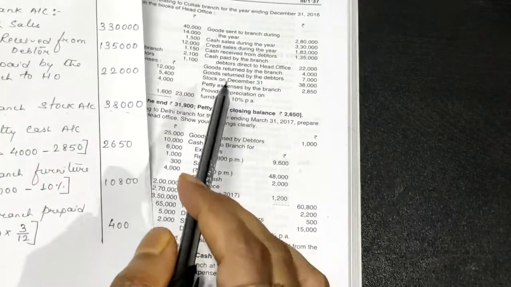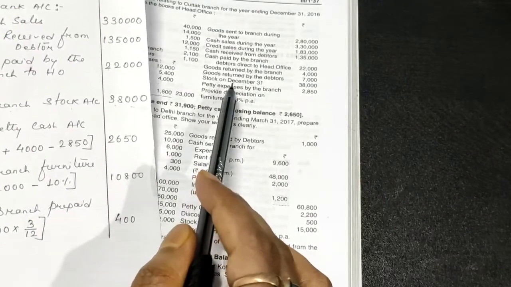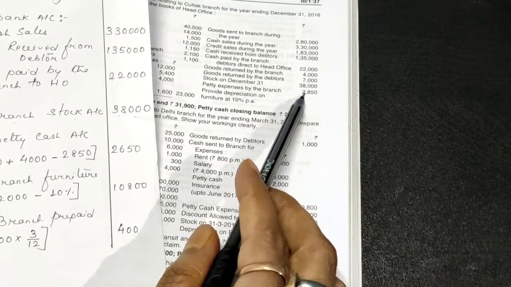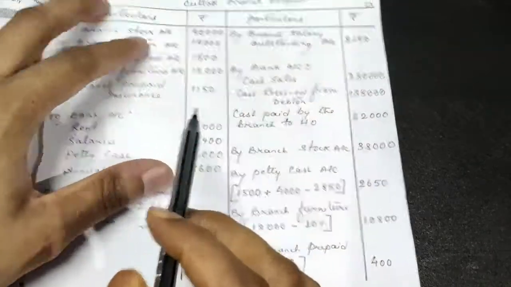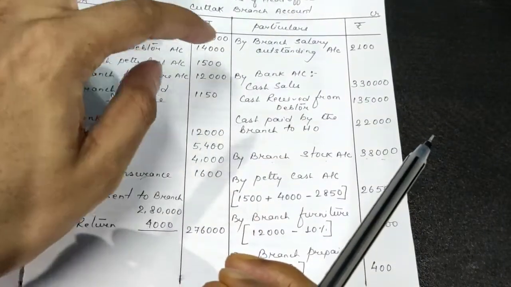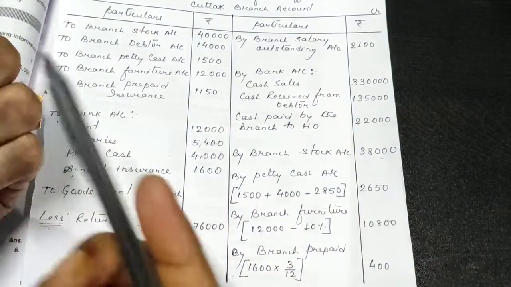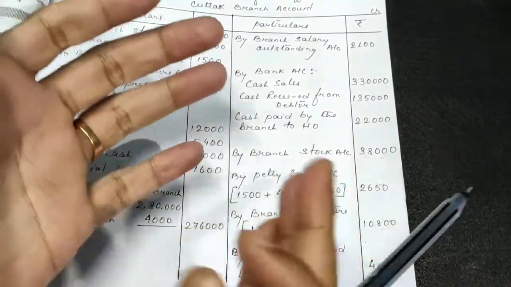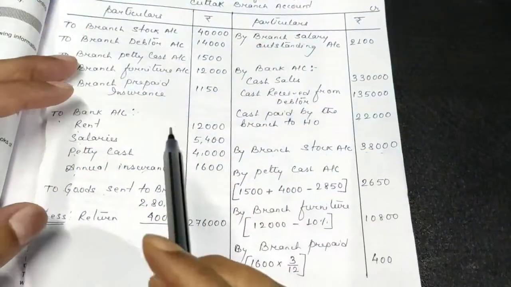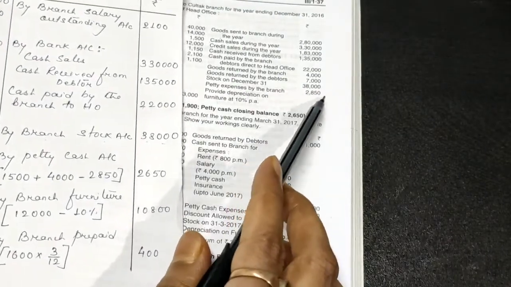Okay, next, what is given? Petty expenses by the branch, meaning the expenditure incurred by the branch on petty expenses, was 2,850. Now you see, what is the opening balance of petty cash here? 1,500, meaning you had 1,500 in your hand. Then as head office I gave you 4,000, so that will be included here. Out of that, how much have you spent? 2,850.